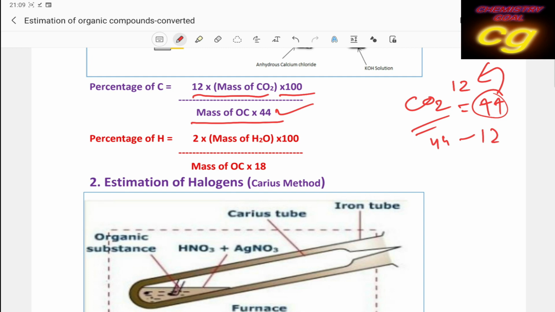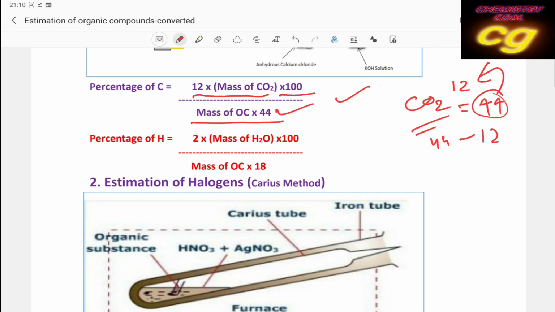So 1 gram will be 12 by 44. So percentage of carbon = 12 × mass of carbon dioxide produced × 100 / (mass of organic compound × 44). This is the percentage of carbon present in the organic compound.